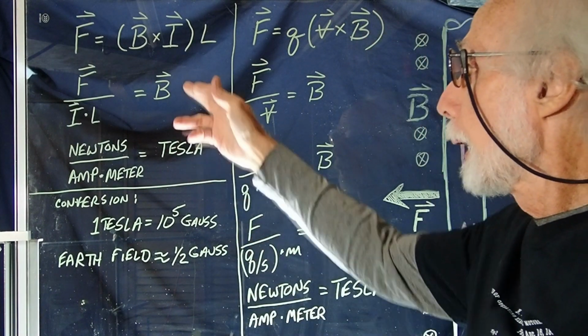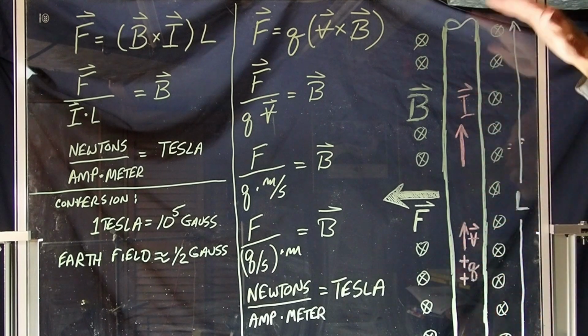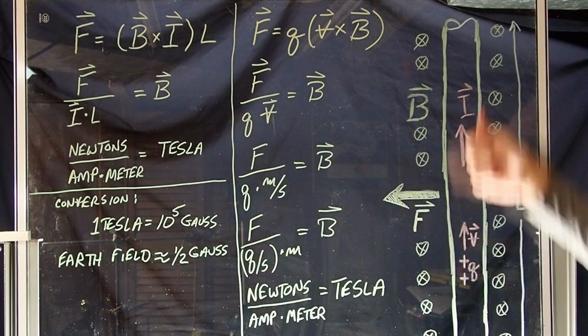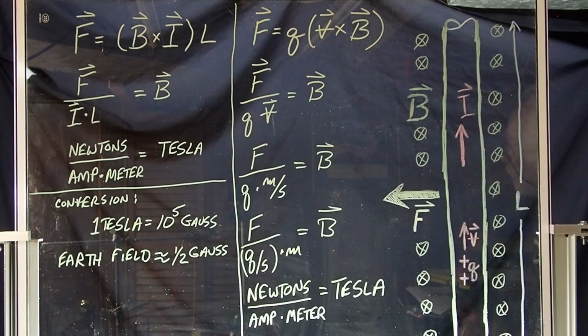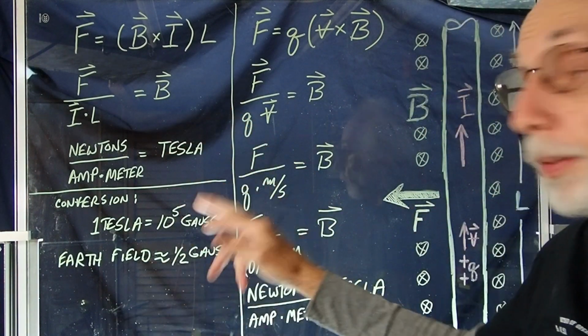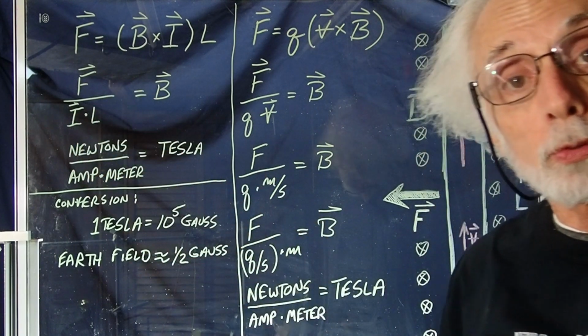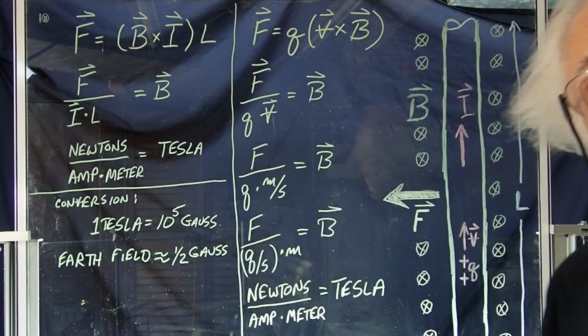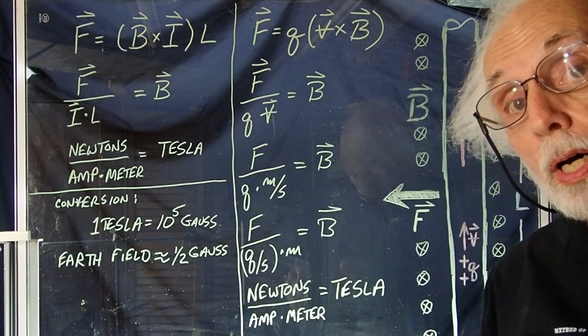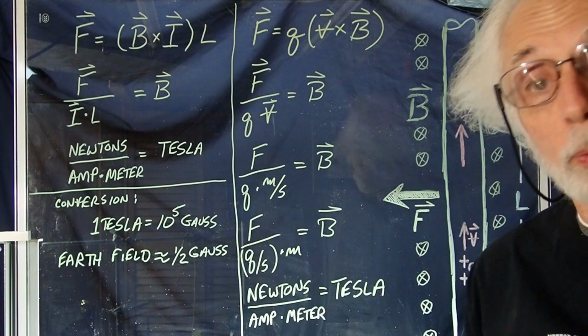If we want to know a magnetic field, we take a wire that's a meter long, we run an amp of current through it, and we put it in the magnetic field. We measure how much force that wire receives, and that is the magnetic field. That is the number of newtons per amp meter of force acting on it. So a magnetic field then is defined as the effect it can have on an electric current.